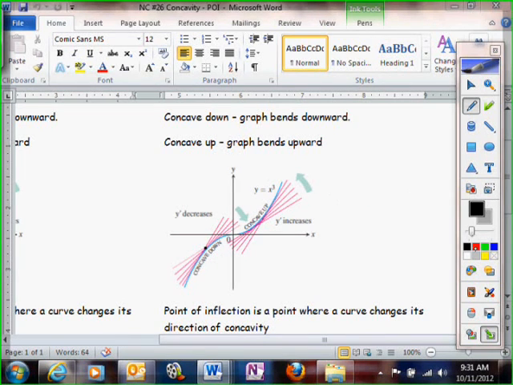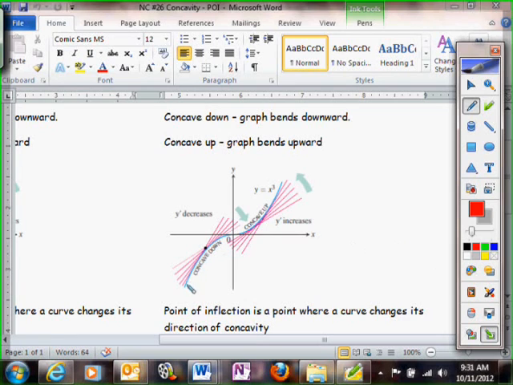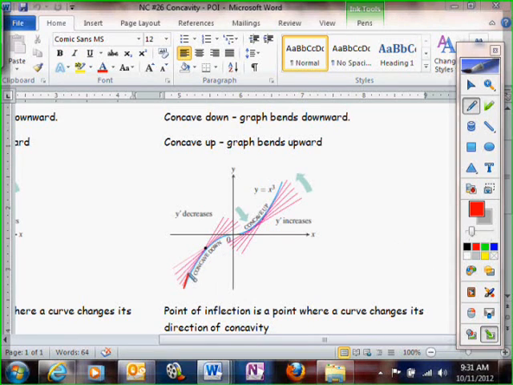The curve, this function that I want to pay most attention to, is y equals x cubed. And it looks like that.